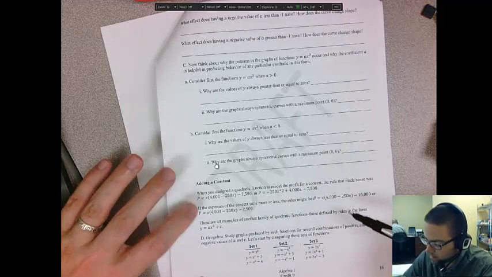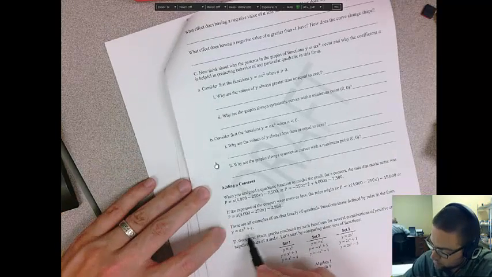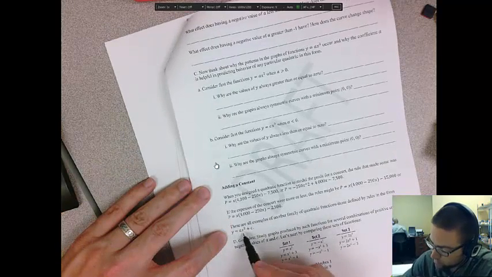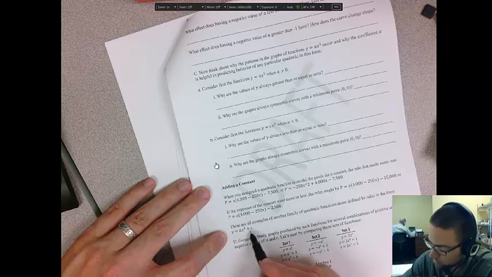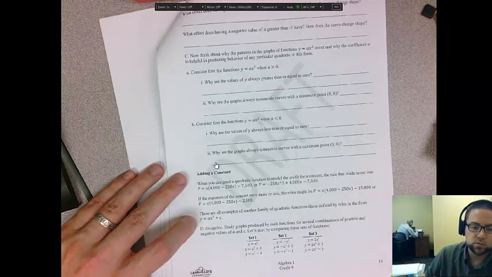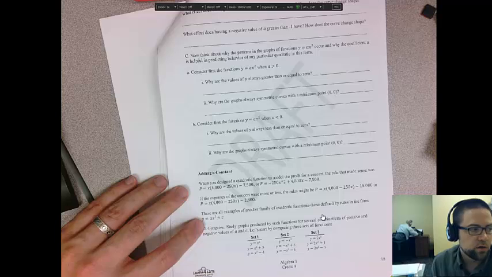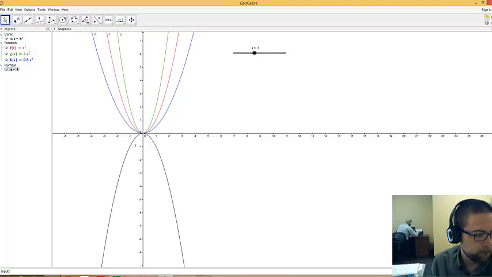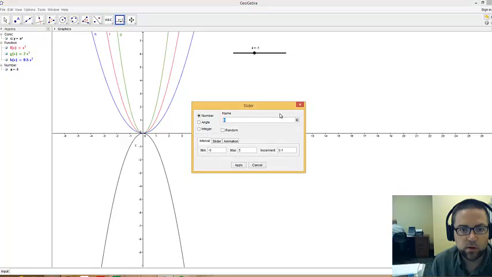Now we're going to add a constant to it. Imagine we have this quadratic function where it's ax squared plus some constant. You could do that right over there in GeoGebra. I'll bring it back up. Let me add another letter, a slider bar for c.